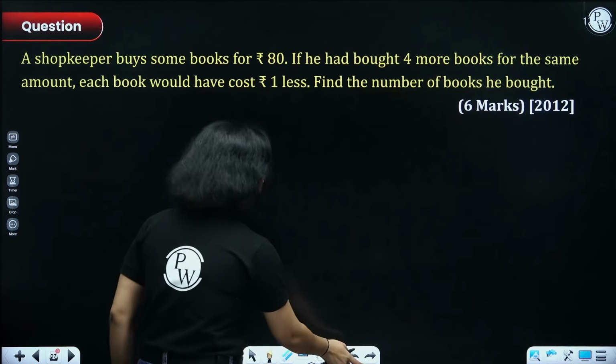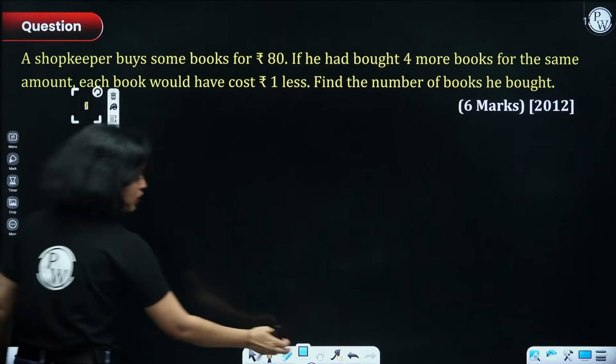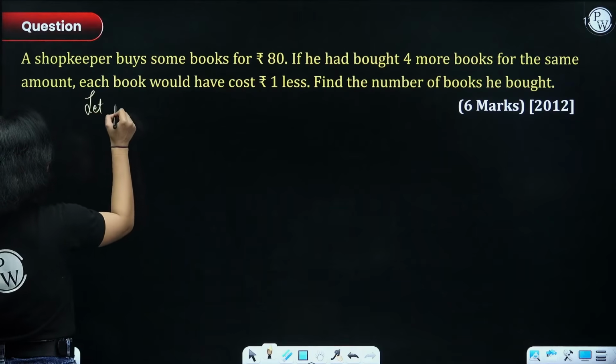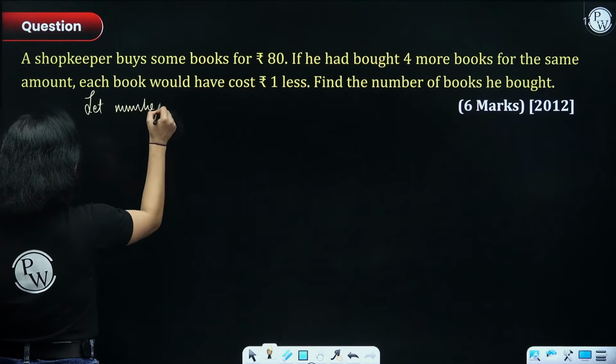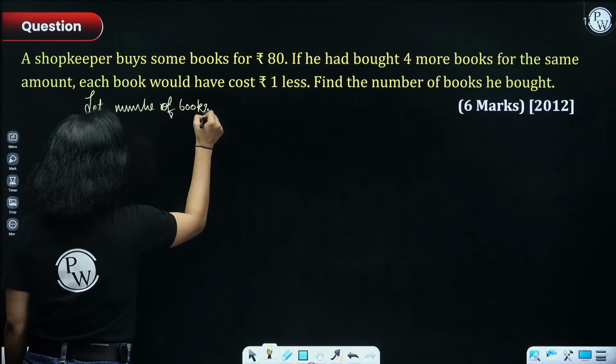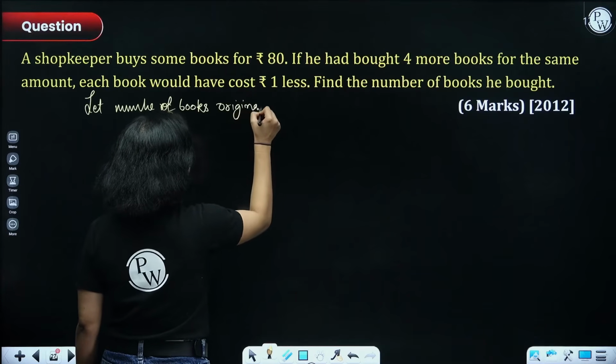Ab yahan par, don't think a lot. Just first of all, take the number of books bought as x. Let number of books originally bought be x. Why I am writing originally bought, we'll see. Okay?